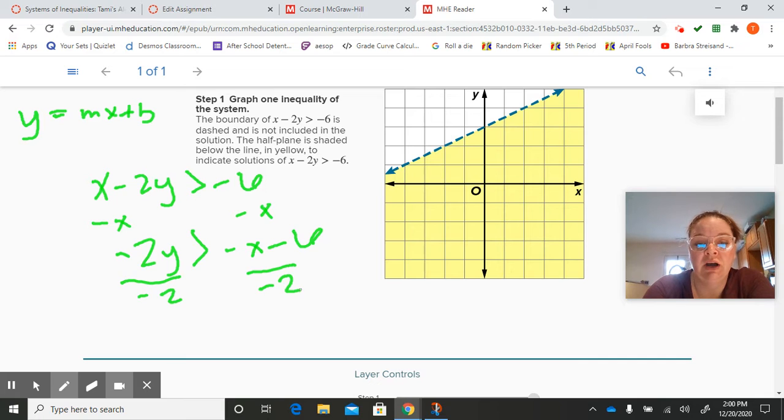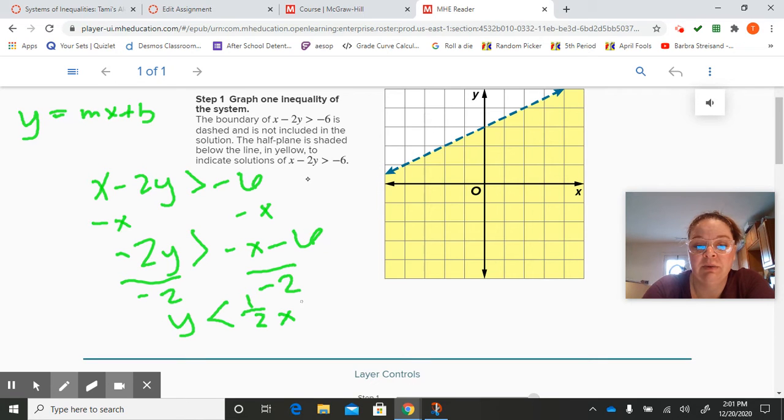And remember, when we divide or multiply by a negative number, we have to change our inequality symbol. So this is going to become y less than, right? Y less than negative x divided by negative 2, that's the same as having a positive 1/2 x.